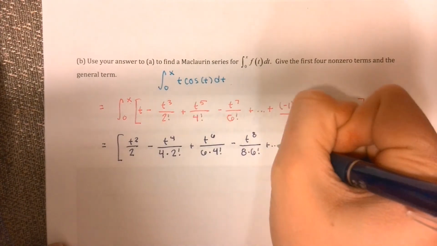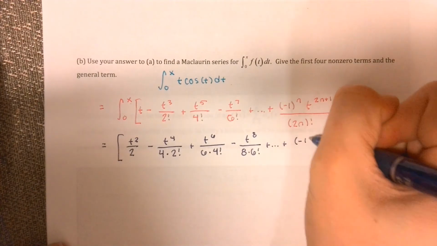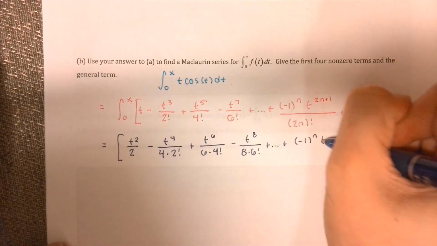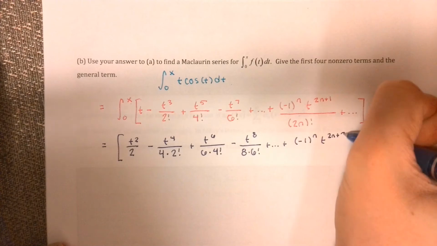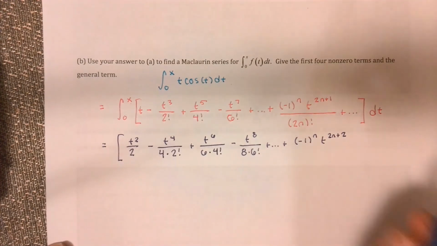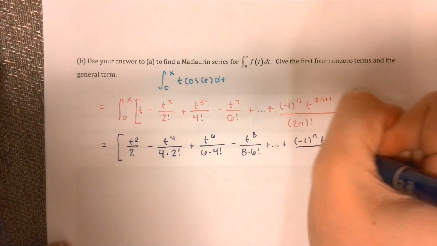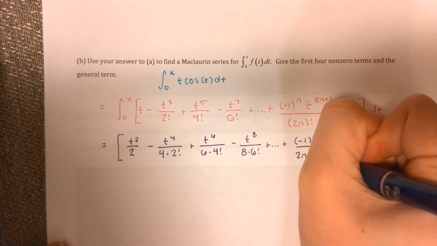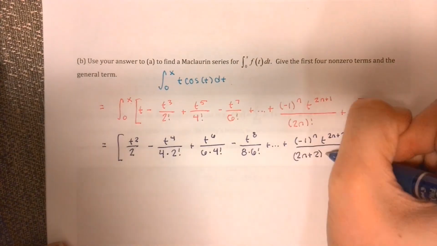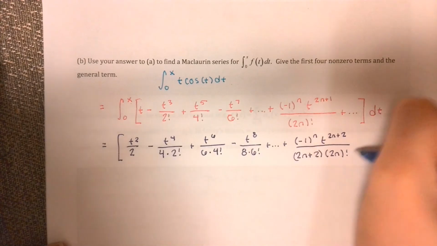General term time, I still have negative 1 to the n, but now I have t to the 2n plus 2, so more even numbers, divided by 2n plus 2, and let me use some parentheses, 2n factorial. This is being evaluated from 0 to x.